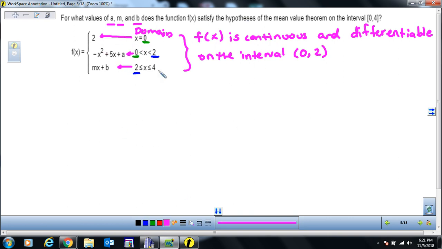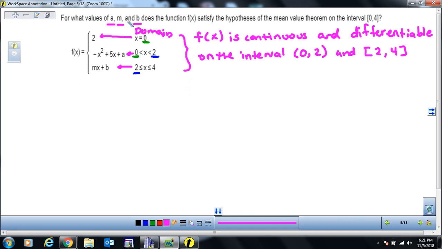So then f of x, being the whole piecewise function, is continuous and differentiable on the interval from 0 to 2 and from 2 to 4. Okay, you're going to have to make that distinction and say the domain for the whole thing in 2 parts. Okay, so find the values of a, m, and b that make f of x continuous.